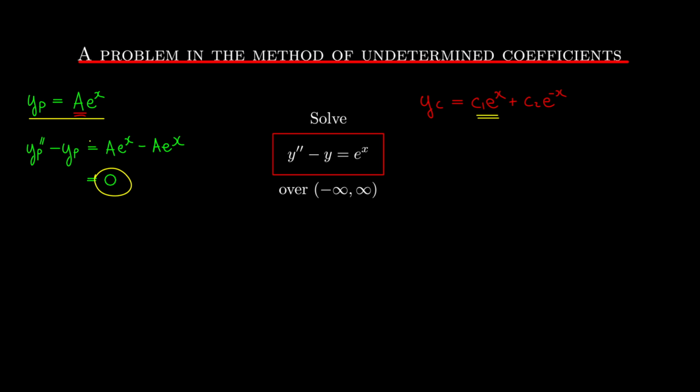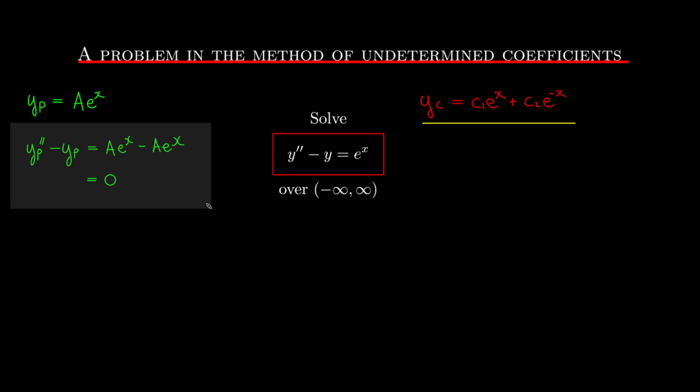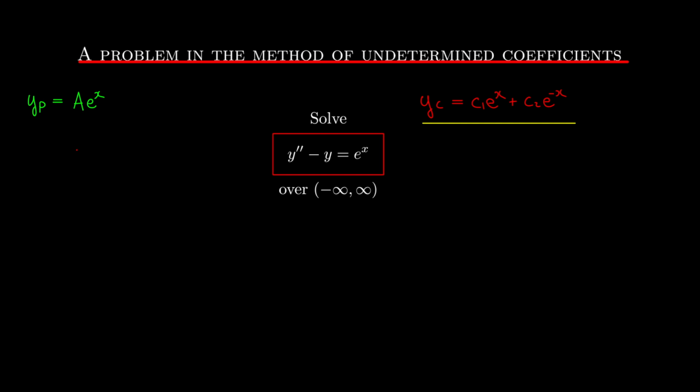All right, so how to overcome this issue? The way to overcome this is by updating our choice. By looking at this complementary function, we're going to change our guess of yp, and we're going to update it in a very canonical way, which is to just multiply this function by x.